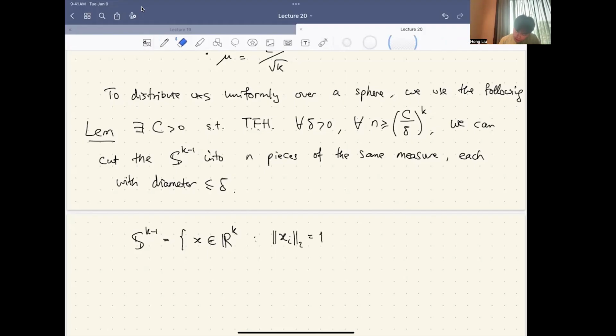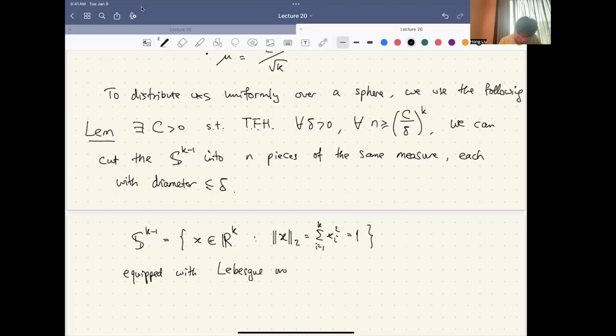And it is equipped with the Lebesgue measure, normalized so that the whole sphere, the surface measure, has measure 1.